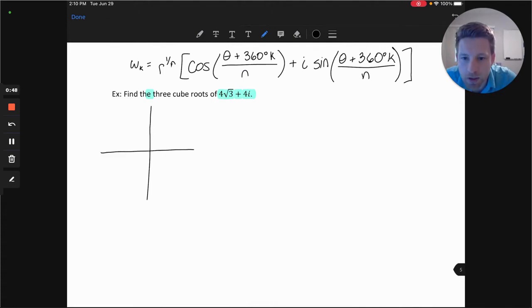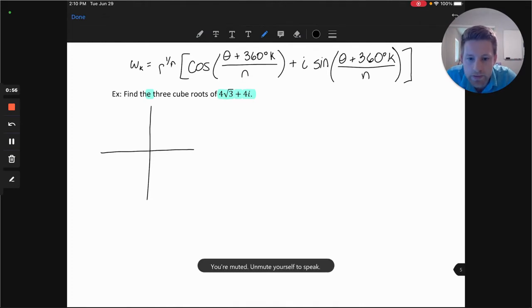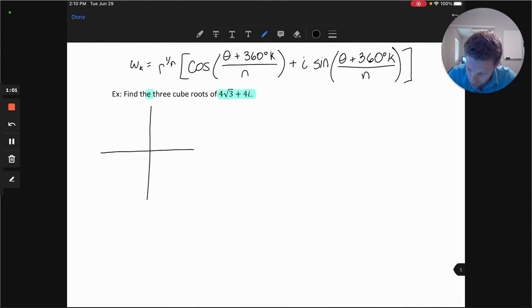If I look at the complex plane with positive 4 square roots of 3 and 4i, this is going to be in the first quadrant, and it's going to have a vector with 4i in my imaginary axis, and we'll have 4 square roots of 3 in my real axis. That would be the x-axis here. And we'll have a vector going out in that quadrant. Draw that a little better.